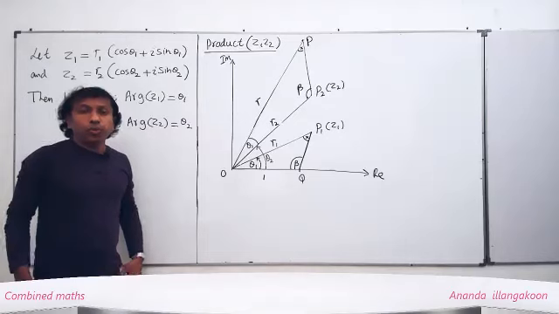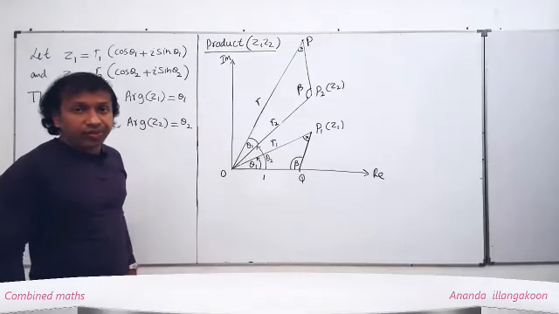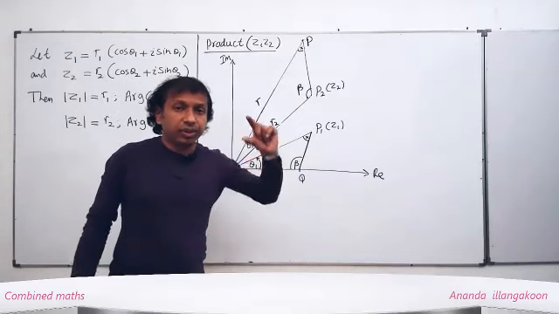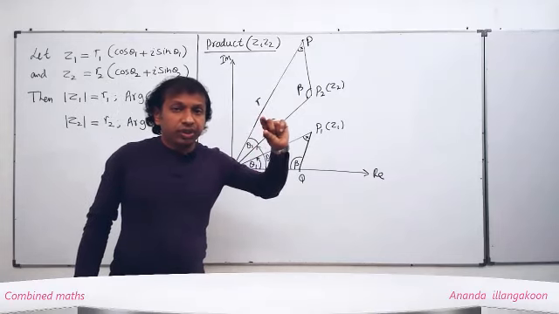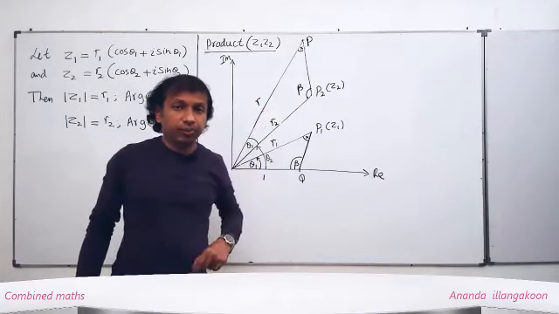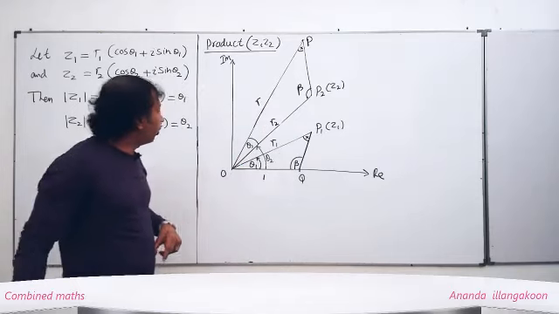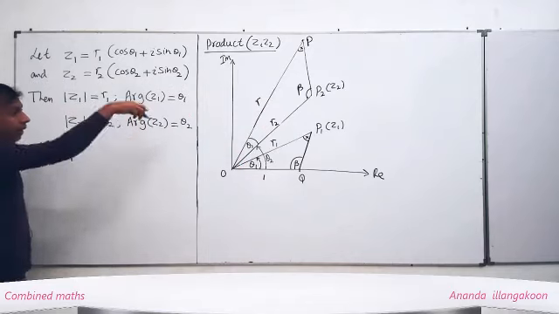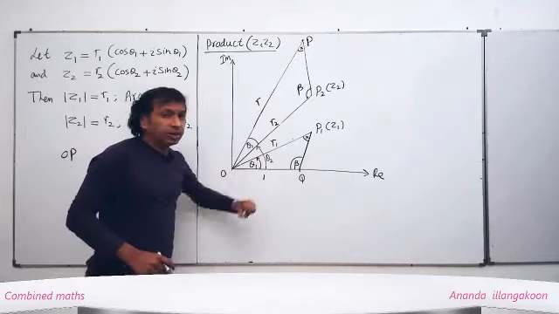You know, for two similar triangles, equiangular triangles, one relation we can write. What is the relation? The ratio of the corresponding sides of the triangles are equal. Then for these two triangles, you can write OP and OP1 are the corresponding sides.